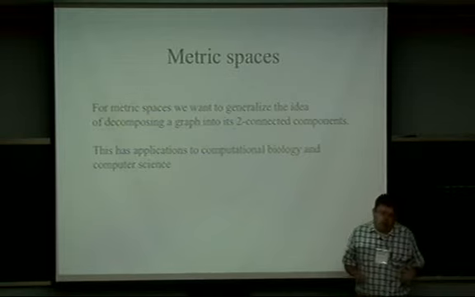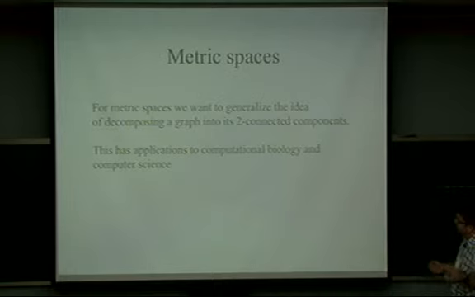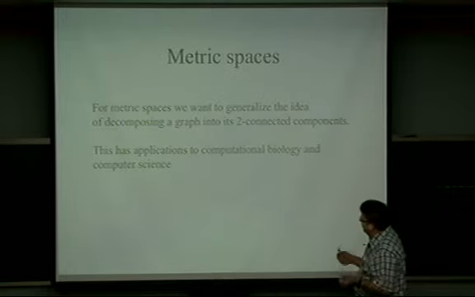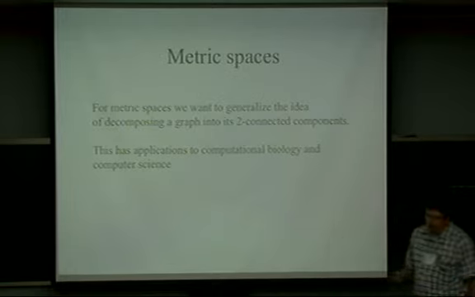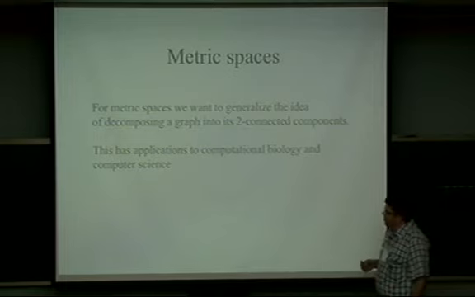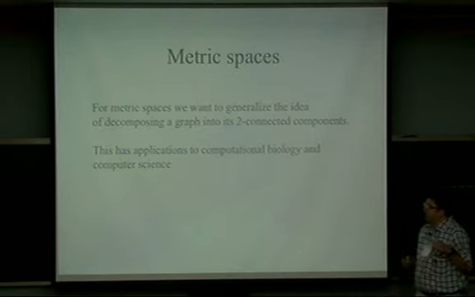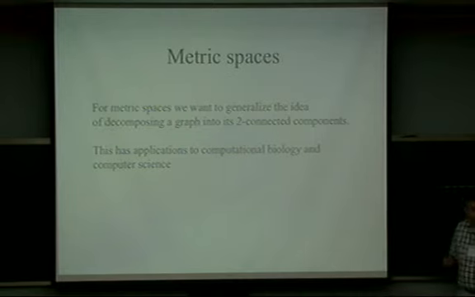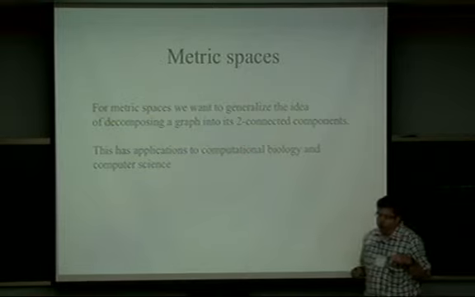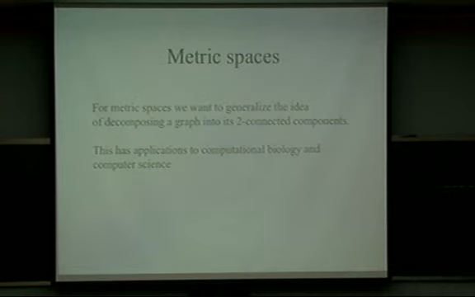Somehow, for a metric space, we want to decompose a metric space into smaller metric spaces, so that this kind of situation happens. But I will explain that more precisely later. This has quite a few applications, for example, to computational biology and computer science. You will see my examples of computational biology.